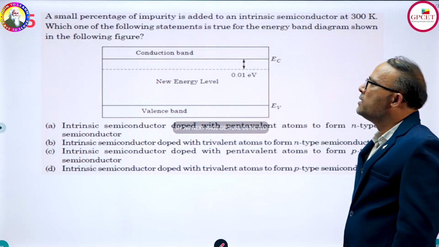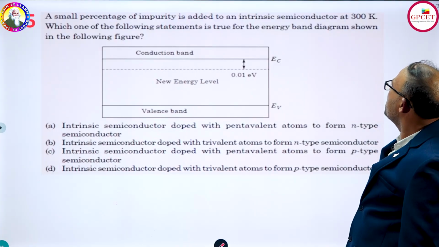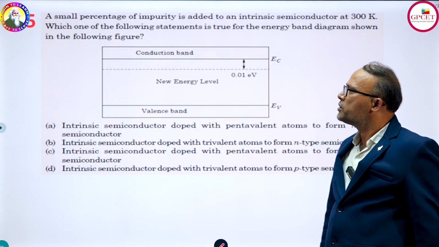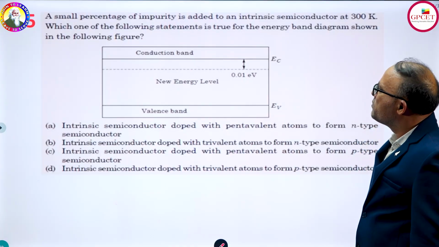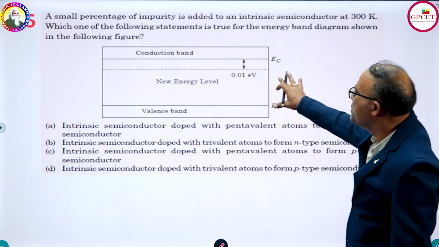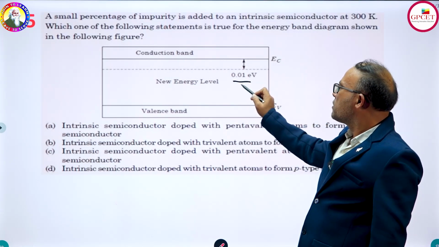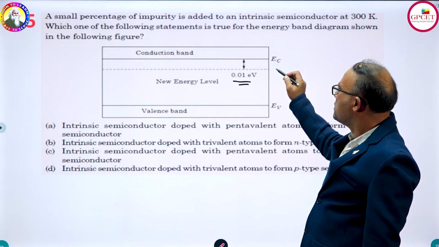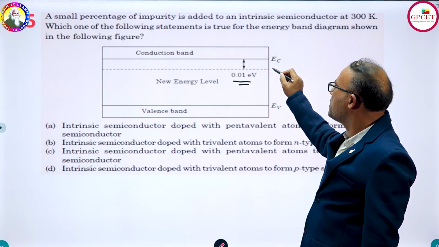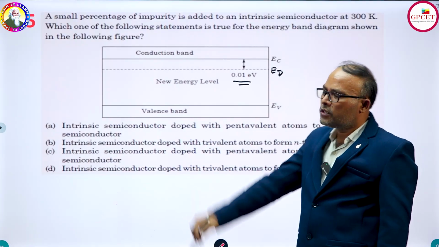Next, a small percentage of impurity is added to an intrinsic semiconductor at 300 kelvin, room temperature. Which one of the following statements is true for the energy band diagram shown in the figure below? Here 0.01 electron volts is given. That means this is nothing but the donor energy level, and the donor energy level is very near to EC.